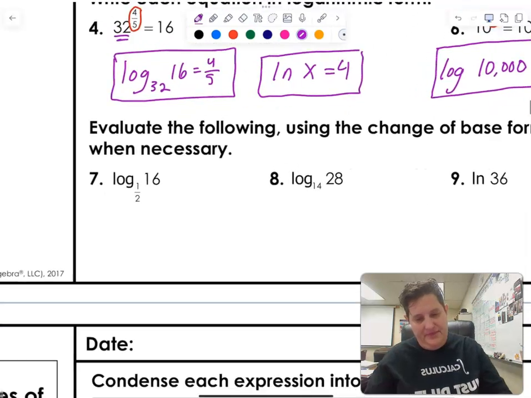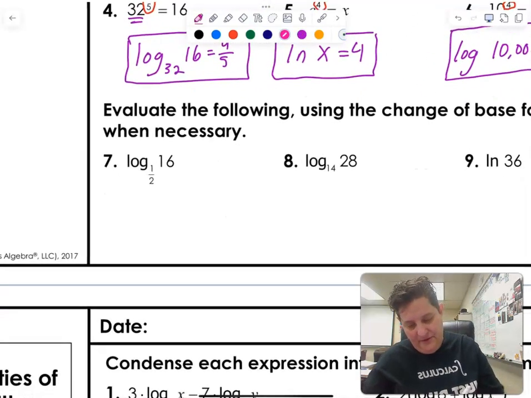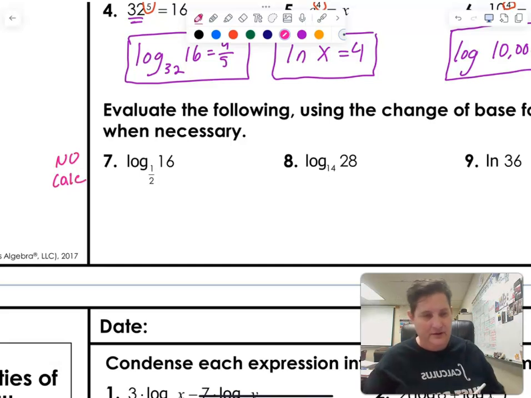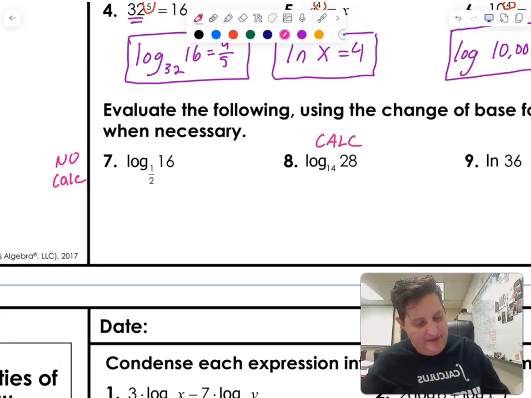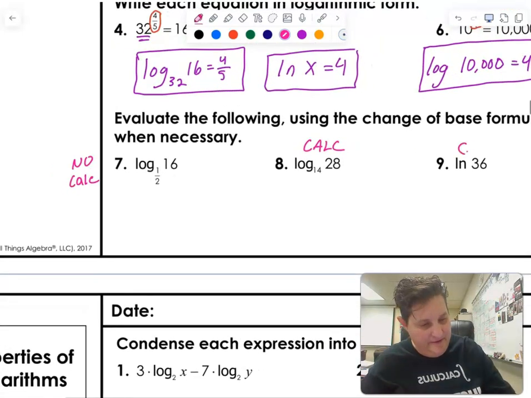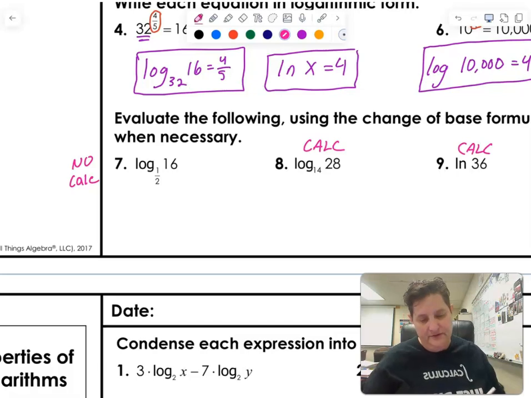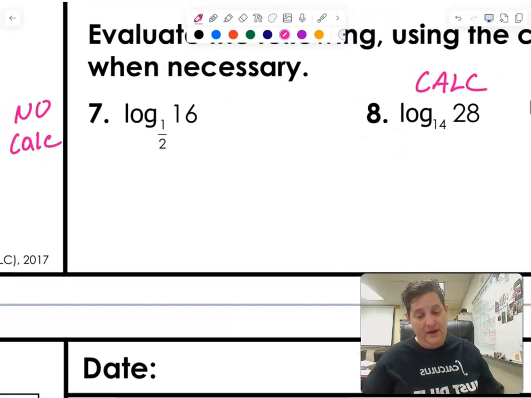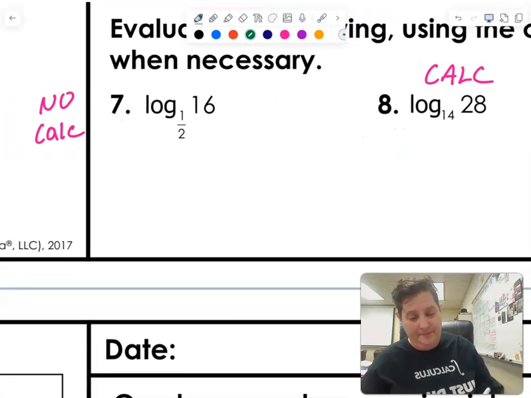Now, this type of question would be on the no calculator part of the test, okay? And these two would be on the calculator, where it would literally say, use your calculator to find. Okay, on the no calculator part of the test, you would go like this. Well, 1/2 to the what is 16.